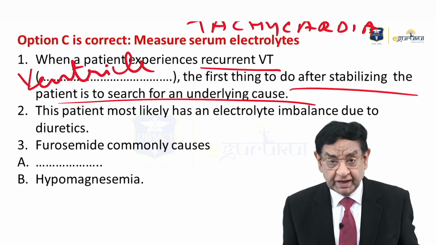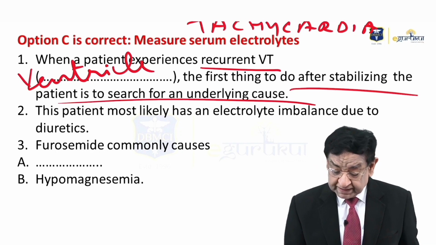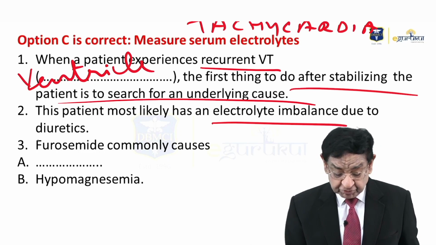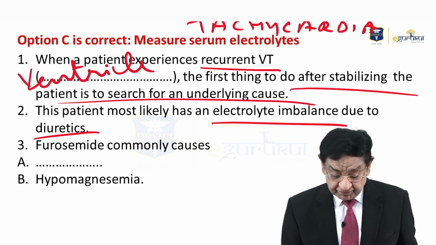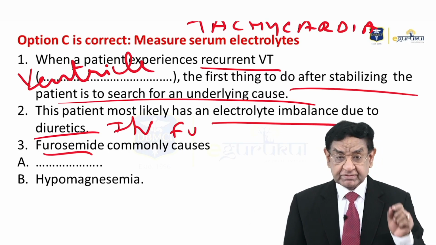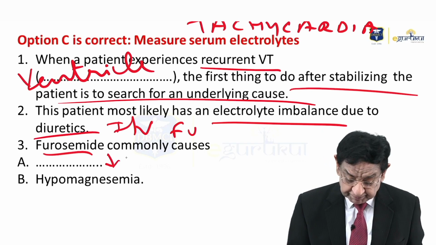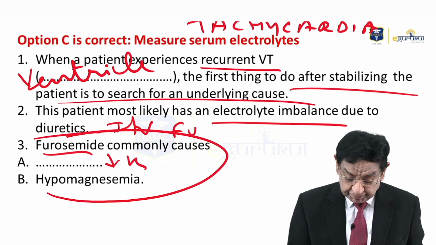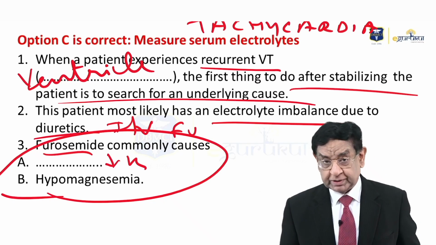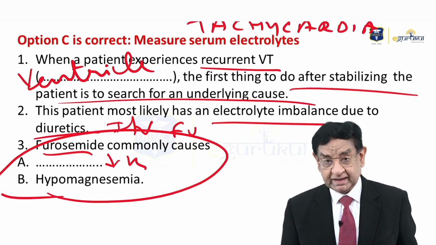What is the reason why she has developed this? Most likely she has an electrolyte imbalance due to the diuretic. We started intravenous furosemide, and IV furosemide can cause hypokalemia. It also leads to hypomagnesemia.